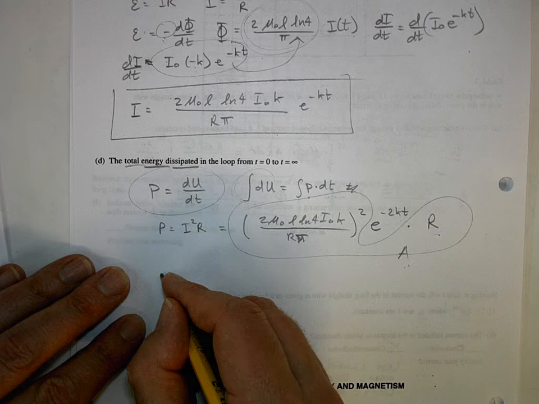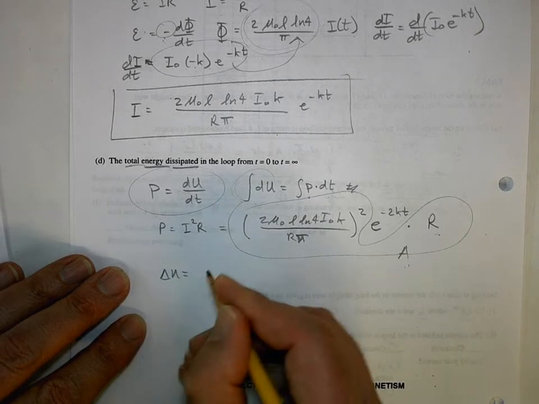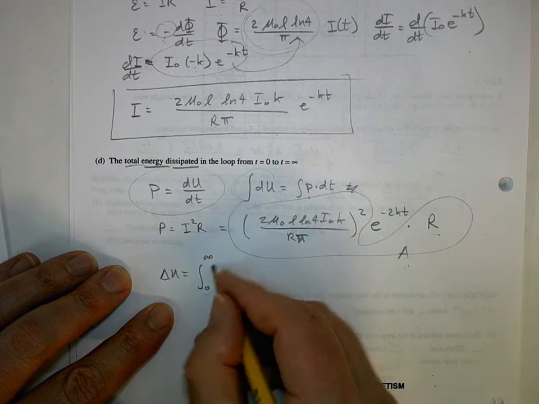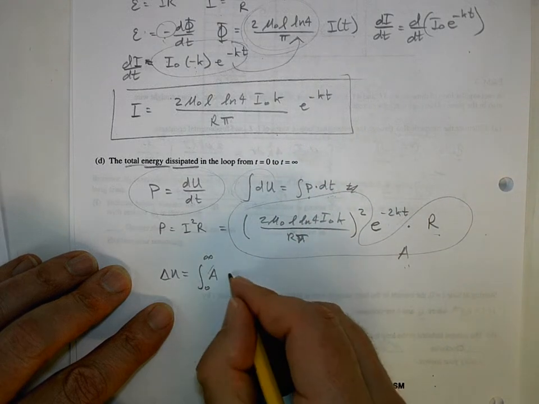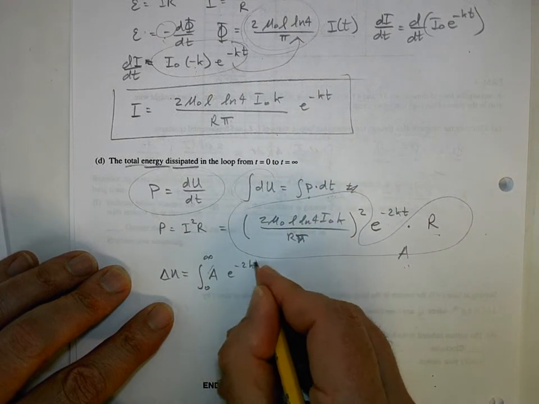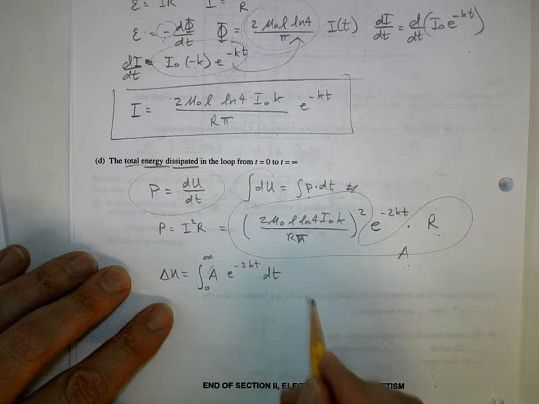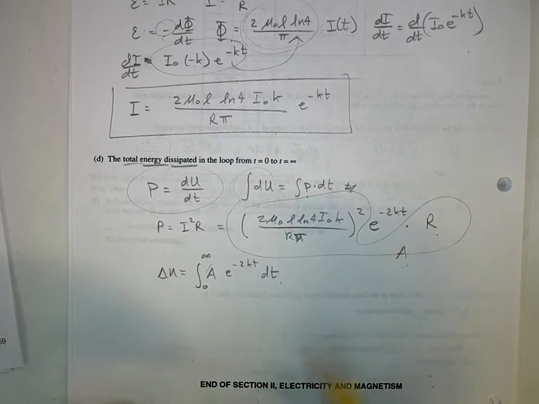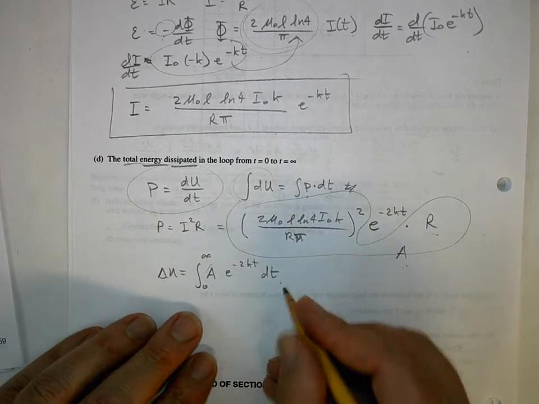So delta U equals the integral from 0 to infinity of this constant A times e to the negative 2kt dt. Now, this is the power function times time. And so you need to know how to integrate that.